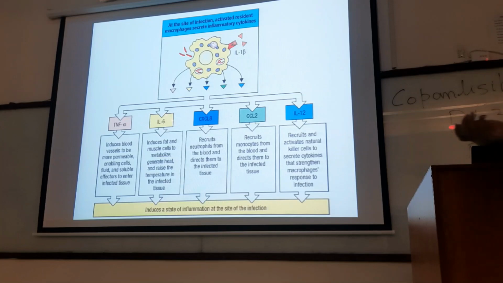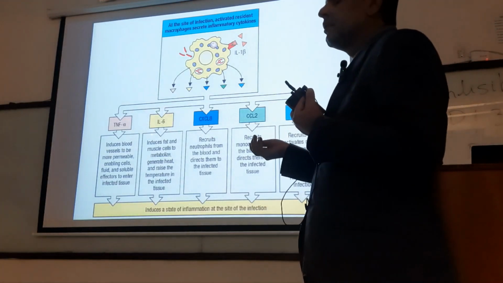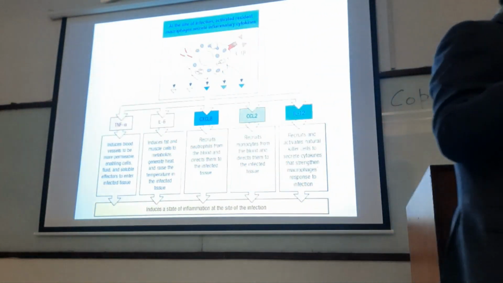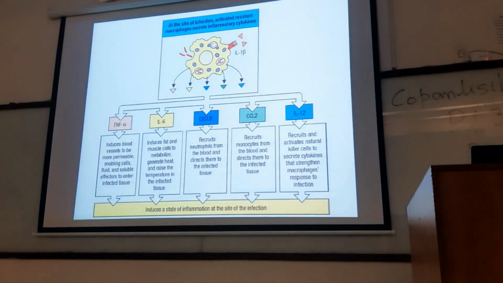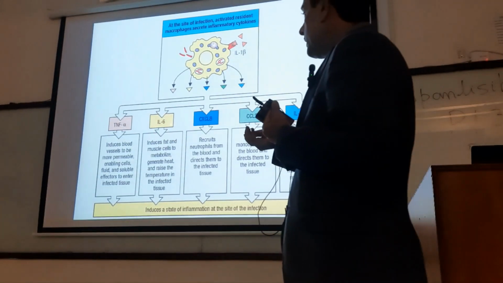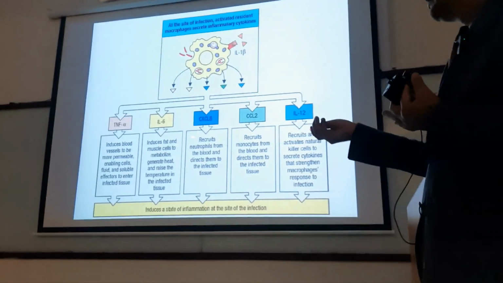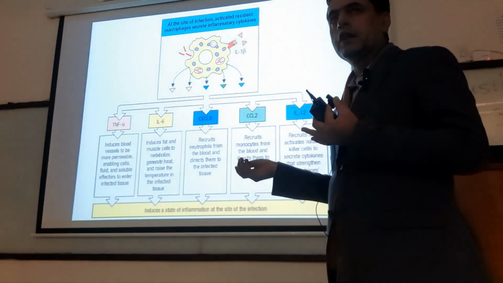That is achieved with the help of interleukin-6, which is going to increase the metabolic rate in the area where the macrophages have secreted it. And that area, of course, is where there is pathogen, where the infection has just started. So the inflamed area is hot because of increased metabolism due to interleukin-6.